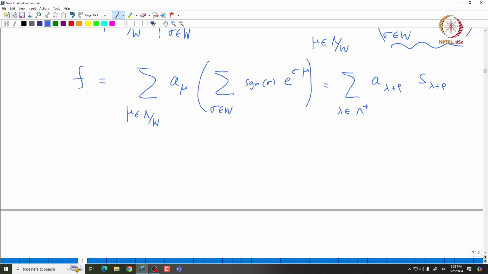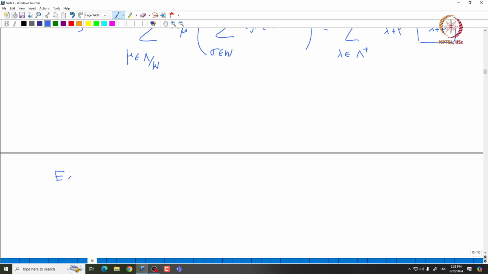So, in some sense we have done a change of basis and written f in terms of Weyl sums. Now it is not very hard to prove that s rho indeed divides s lambda plus rho. Okay.